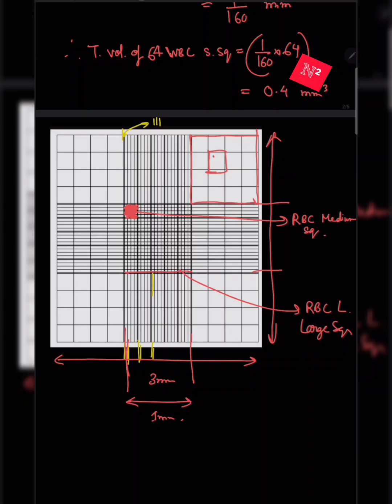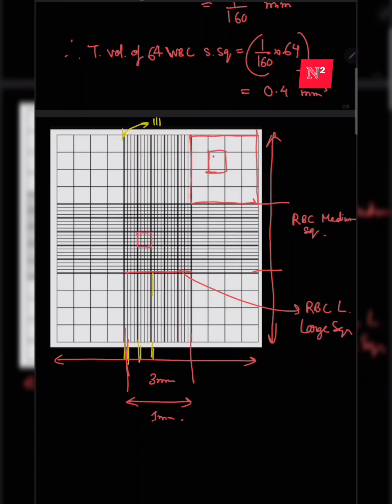If you look closely, these triple lines are making the small squares, medium squares. Now even the medium squares are being divided into 4 equal parts. Let's keep our focus on this square. It looks like a WBC square, having 4 by 4, that is a total of 16 squares inside this medium square.